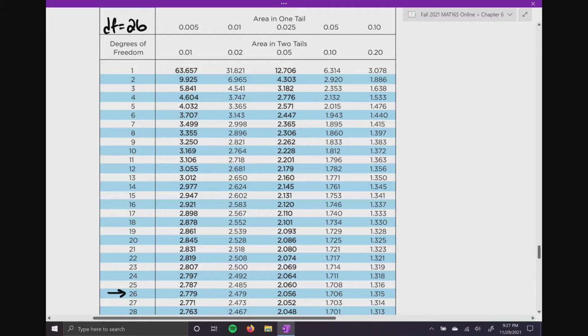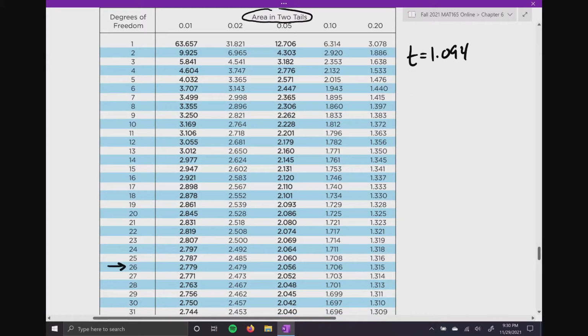And remember, t equaled 1.094. So what we're going to have to do is find where that number falls in between. And remember, this is area in two tails, okay? It's going to play a major role in a second here. So if we scan across the row, we have this value right here, which is 1.135.